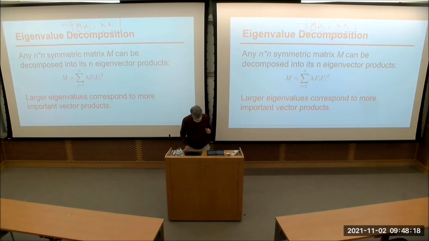One interesting property of eigenvectors and eigenvalues is that we can represent symmetric matrices. n by n symmetric matrices can be decomposed into the products of eigenvectors. So let's just try to parse this.